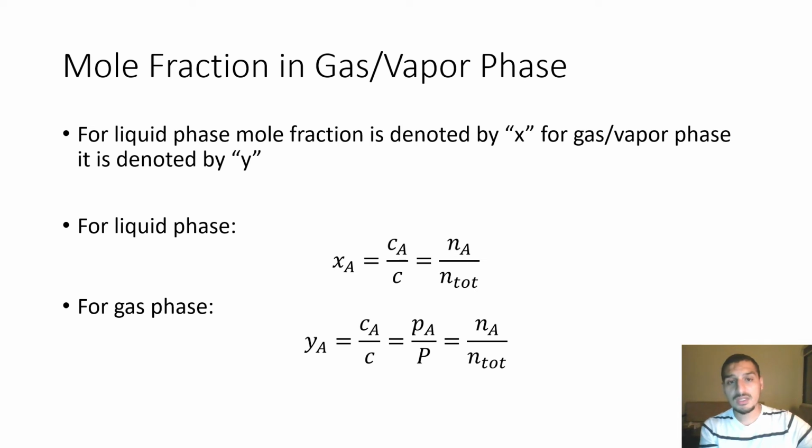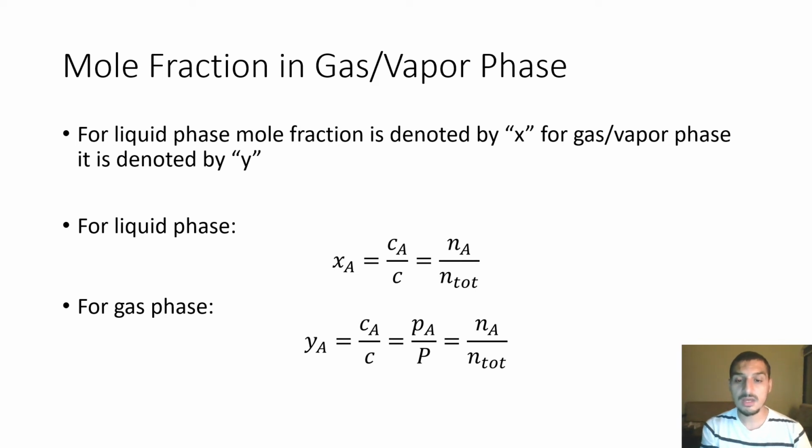For the mole fraction in the gas phase, this is the only thing that we will discuss in the gas phase that we discussed before in the liquid phase. The mole fraction here, we give it the symbol Y. This is important: we give it the symbol X in case of liquid phase or solid phase, but for the gas phase we give it the symbol Y. The reason is that we deal a lot with the mole fractions between the gas and liquid phases simultaneously in many operations where we have mass transfer between gas and liquid phases, like distillation, absorption, and stripping.